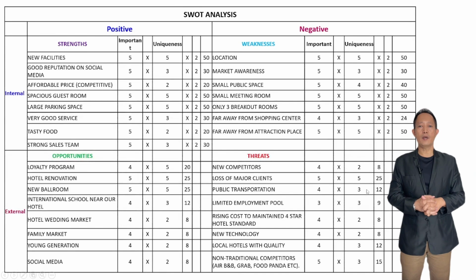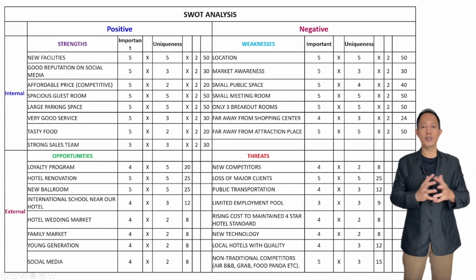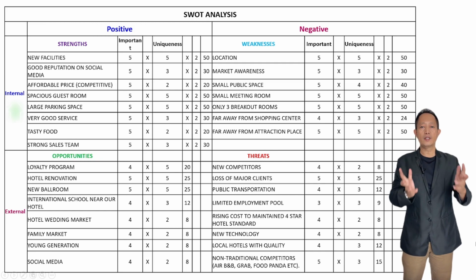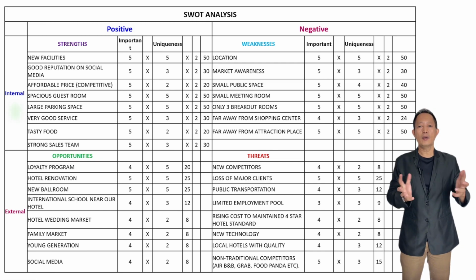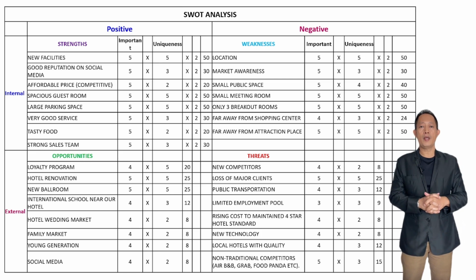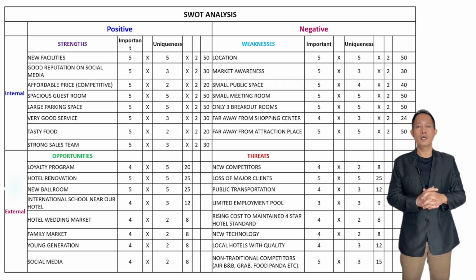Now we put weight on the importance and uniqueness and the internal factor in the upper section, which is under our control. If we compare the formula here on the bottom section, there is something missing compared to the upper section.